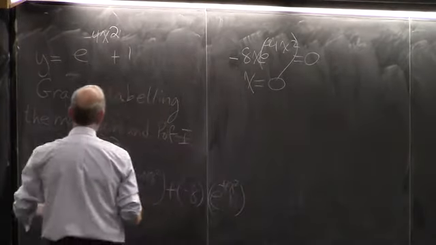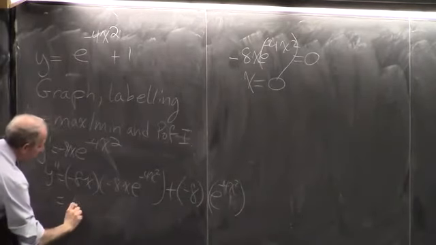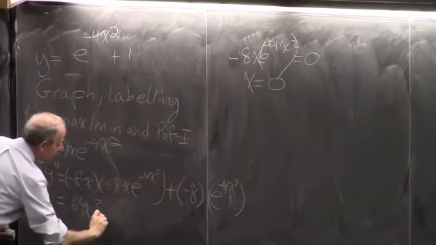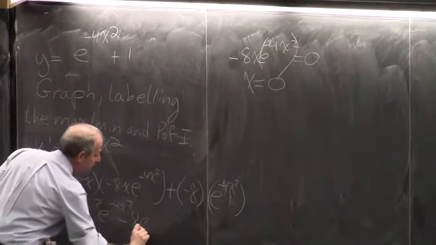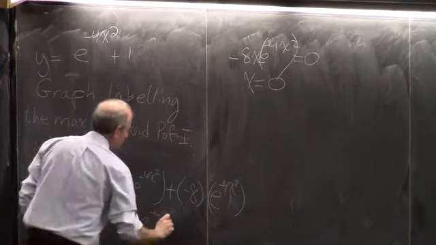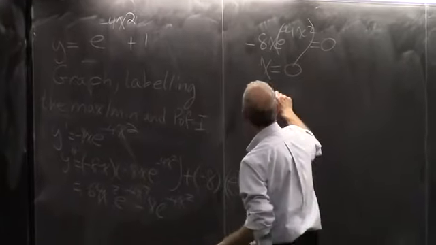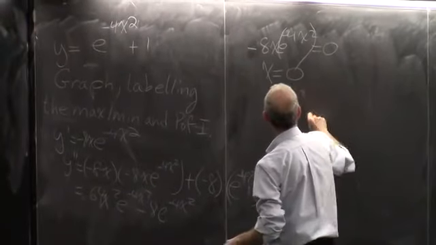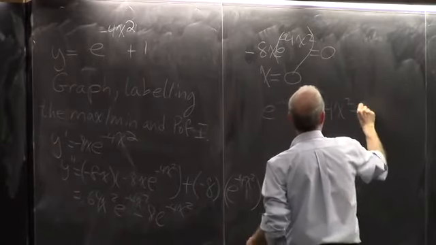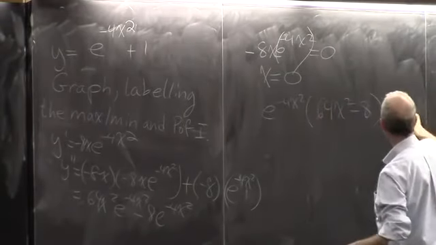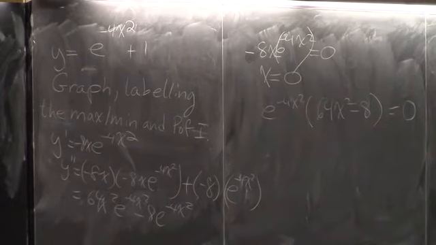All right. Now we take the second derivative and set it equal to 0. So this cleaned up a bit. This was 64x squared e to the minus 4x squared minus 8 e to the minus 4x squared. So we could factor out e to the minus 4x squared, and we'd be left with 64x squared minus 8. When you have one of these exponentials, they can factor out very nicely.